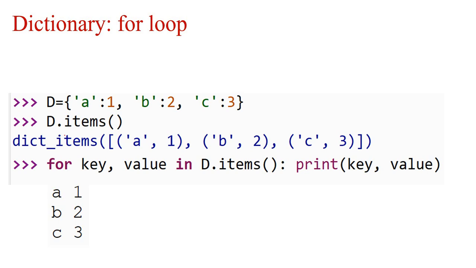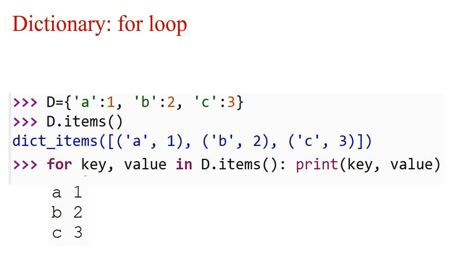If you use dot items with empty parentheses, you can also get the keys and the values of the dictionary. The reason I'm showing you this is because a dictionary is also an iterable object in Python.